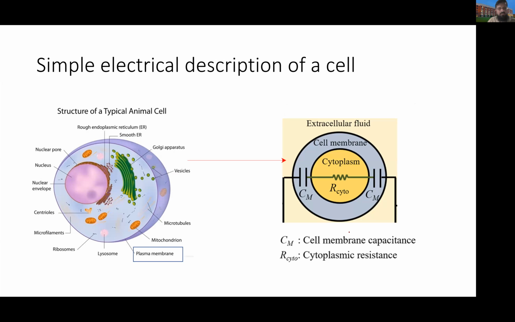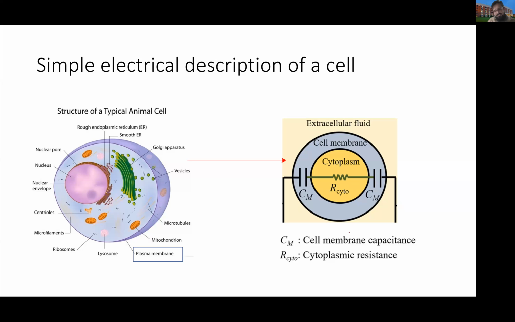A biological cell contains a lot of different subcellular things. The main components are the outer membrane, called a cell membrane or plasma membrane. Inside the membrane, there is a thick fluid called cytoplasm. And inside the cytoplasm, you have the nucleus and many other things.